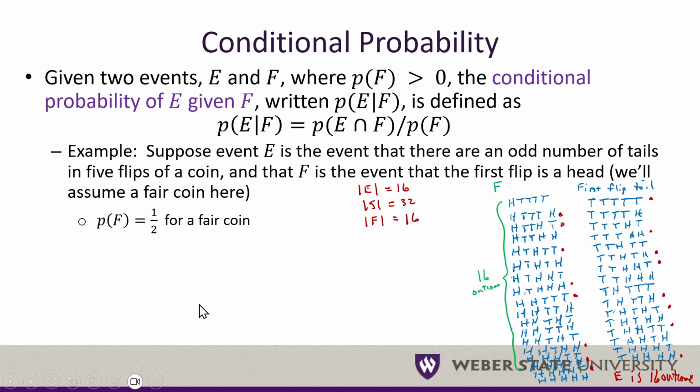So we have the probability of F is 1/2. The probability of E and F occurring at once would be the number of things here.